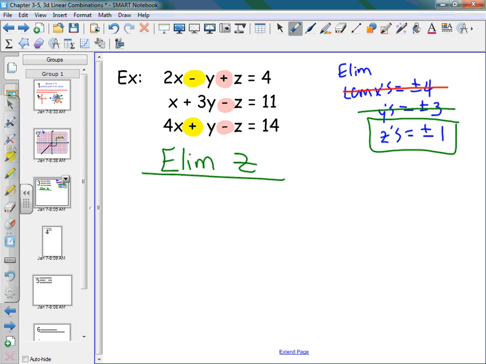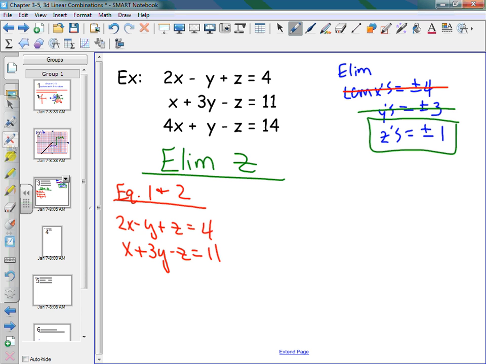Now, if I'm eliminating z, what 2 equations do I want to use? First and second are excellent. So I'm going to choose equation 1 and 2. 2x minus y plus z is equal to 4. And x plus 3y minus z is equal to 11.